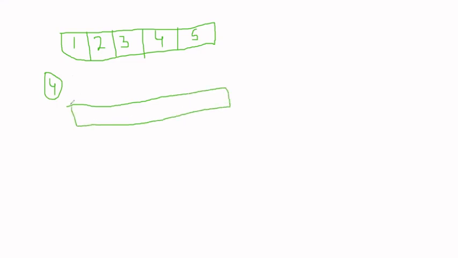What we have written in the last line will be 5, 1, 2, 3 and 4. After performing 4 left shift operations on this array, we'll get this as an output.